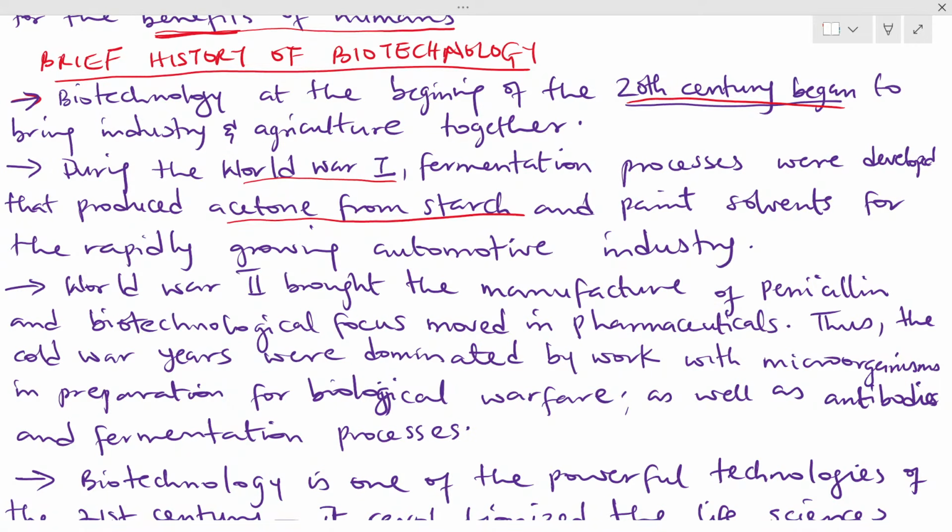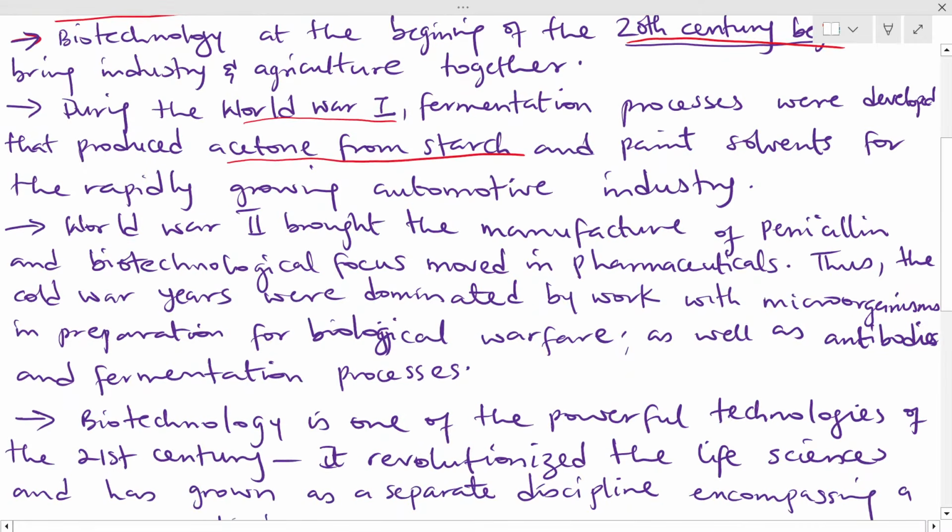Then World War Two came, and it brought the manufacture of penicillin. This is key for any molecular and biotechnological process. The production and manufacture of penicillin occurred during World War Two, and biotechnology focused on pharmaceuticals.